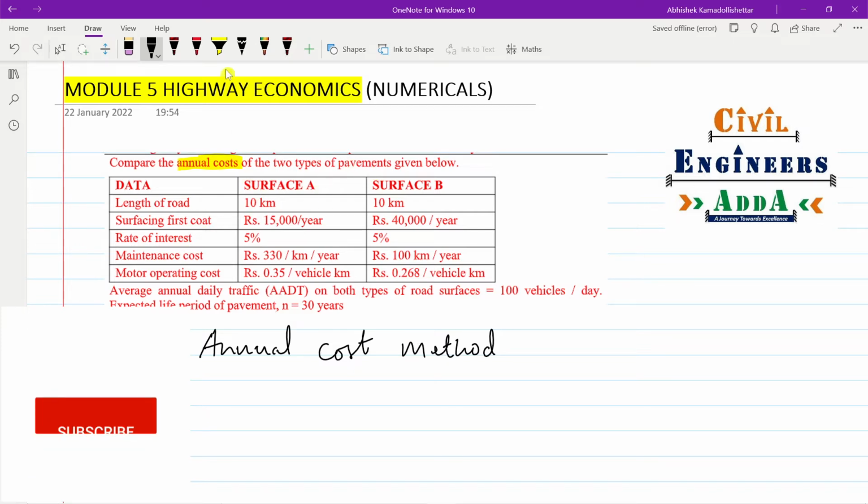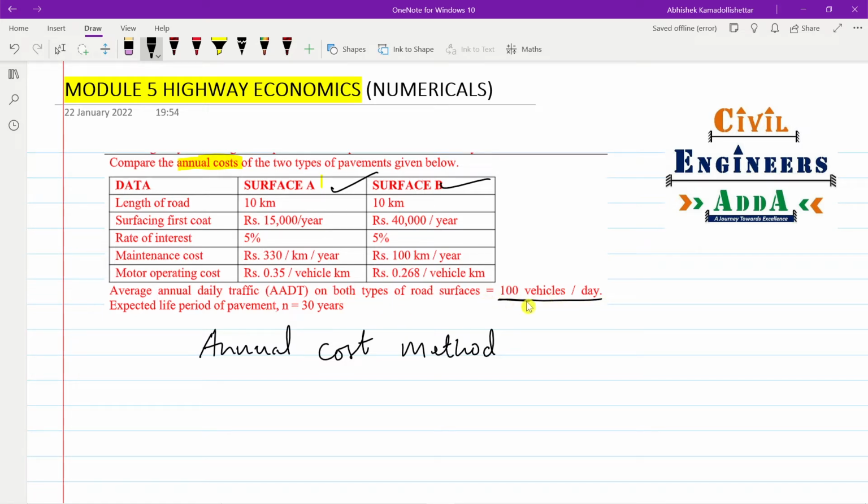The two pavements are surface A and surface B. We will solve this entire problem in two parts. First we will solve for surface A, and the same thing can be solved for surface B. One more thing, they have given the average annual daily traffic on both types of road surface as 100 vehicles per day.